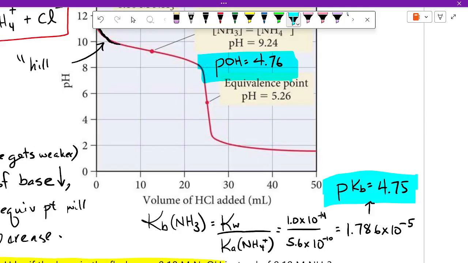So at the half equivalence point, the pOH is equal to the pKb. But still, pH is equal to pKa.